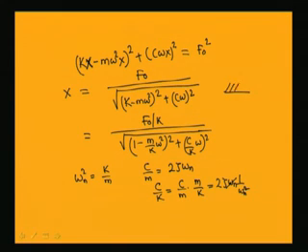Now, this F0 by k. The spring has a stiffness k and it is subjected to a force F0, so it will have a displacement x0. So, this is the static displacement of the system with a spring constant k, when a force of magnitude F0 acts on the system.